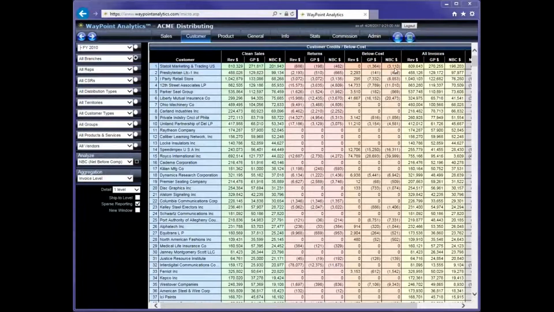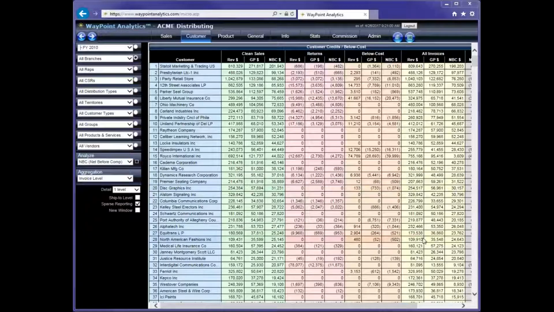And we can see in areas where there's a substantial loss, I'm trying to find a customer. Here, in this customer, we have clean sales of $159,000. We've got returns of 78, and then we have a net of 81,000 in revenue, 13,000 gross profit, and 9,000 NBC.